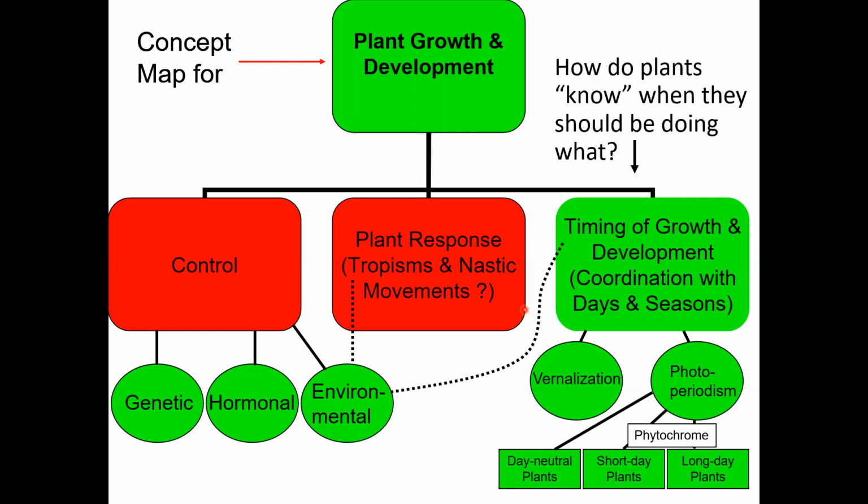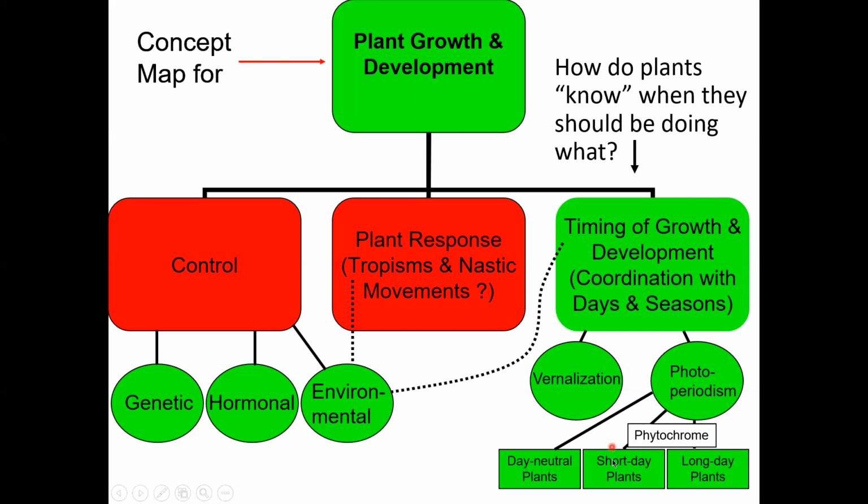One of the maybe not so obvious parts of the question has to do with when plants flower, and that has a lot to do with what's going on down here in the bottom right. Photoperiodism: some plants will flower independent of the light.